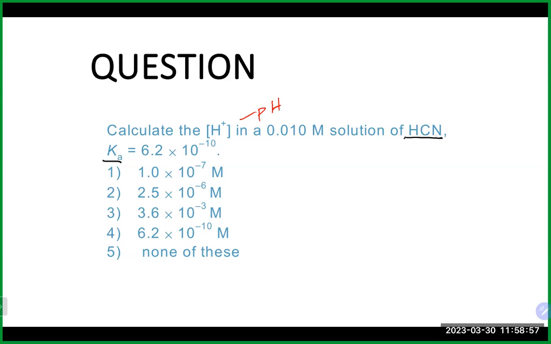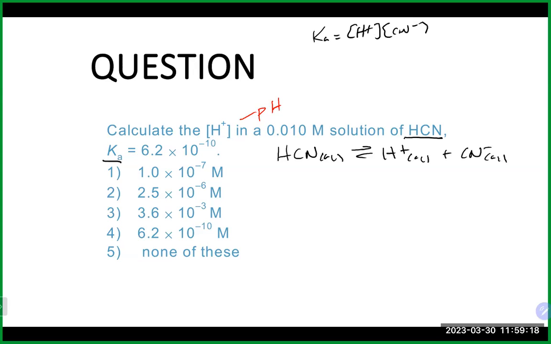We definitely know this is going to be a weak acid. So we should probably ice table it up here. So our HCN is going to break apart into H plus and CN minus. Our Ka in this case would be our H plus times our CN minus.